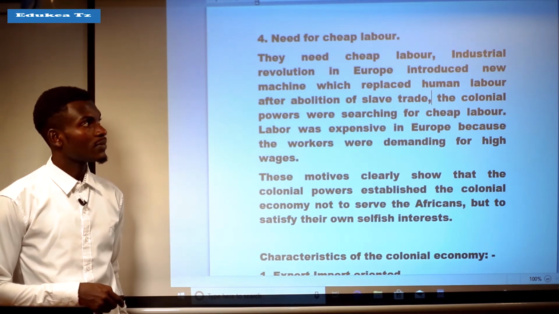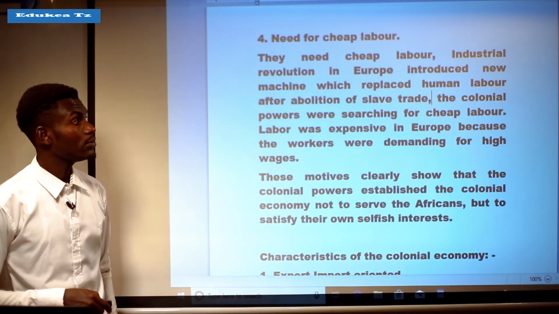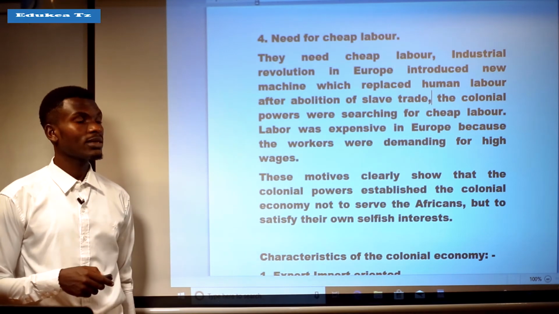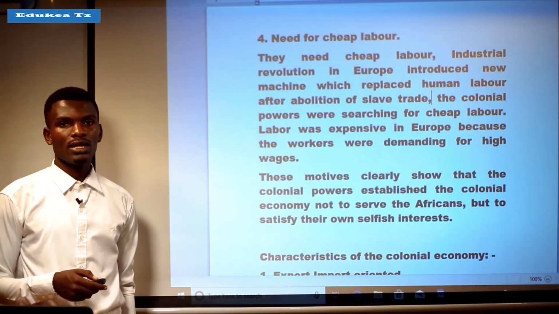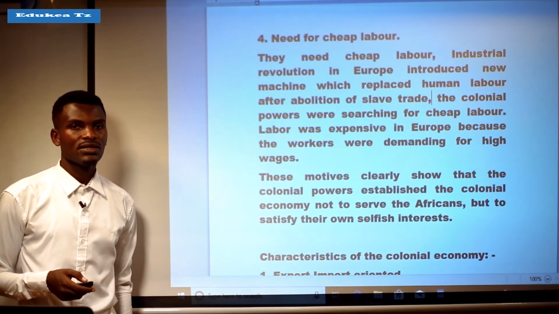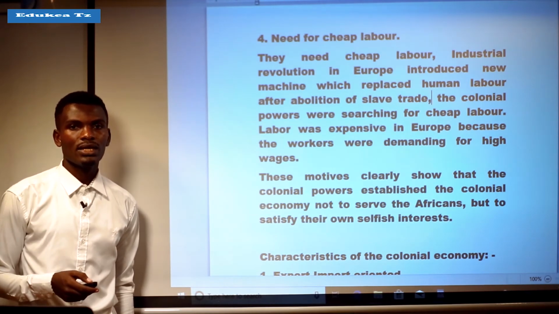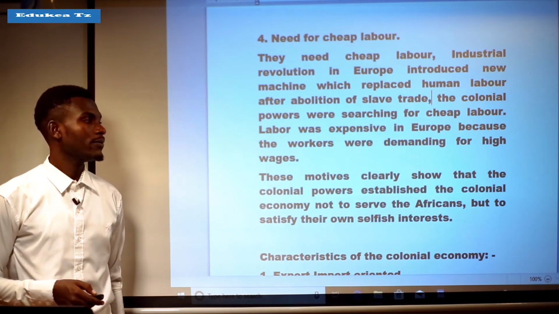And after the Industrial Revolution, the colonial powers were searching for cheap labor which could be used in production to maximize profit and ensure less cost in production but high profit.